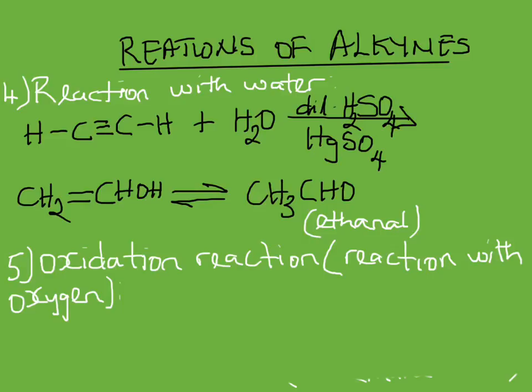The phenomenon whereby a pair of isomers are in dynamic equilibrium to each other is referred to as tautomerism, and the isomers are known as tautomers. In this case, the isomers here are ethenol and ethanal, and these isomers are known as tautomers.